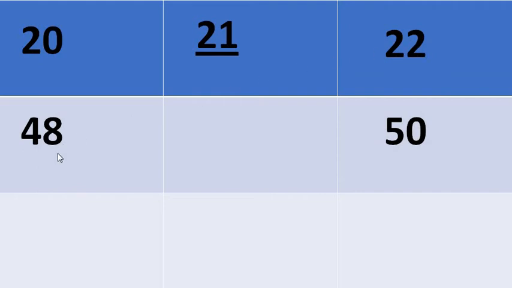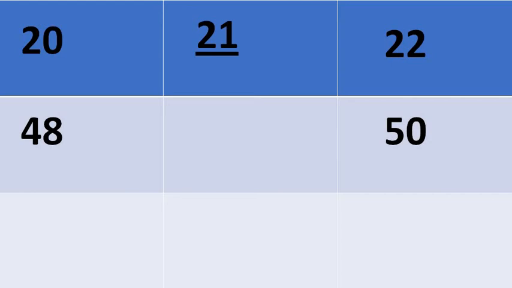Now we have the number 48 and number 50. Now what should I do? I should start counting from number 41. 41, 42, 43, 44, 45, 46, 47, 48 and 49.